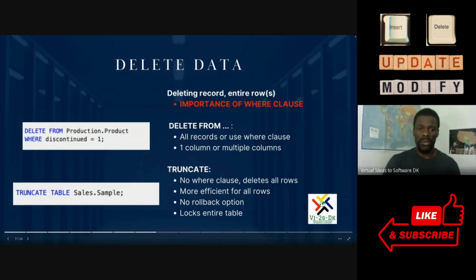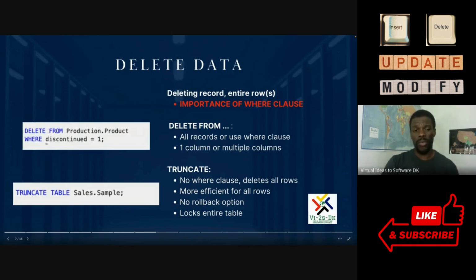So to do that, you use your delete from clause and specify the name of the table. For instance, a product table in the production schema. Here we want to only delete the records where discontinued is equal to 1.